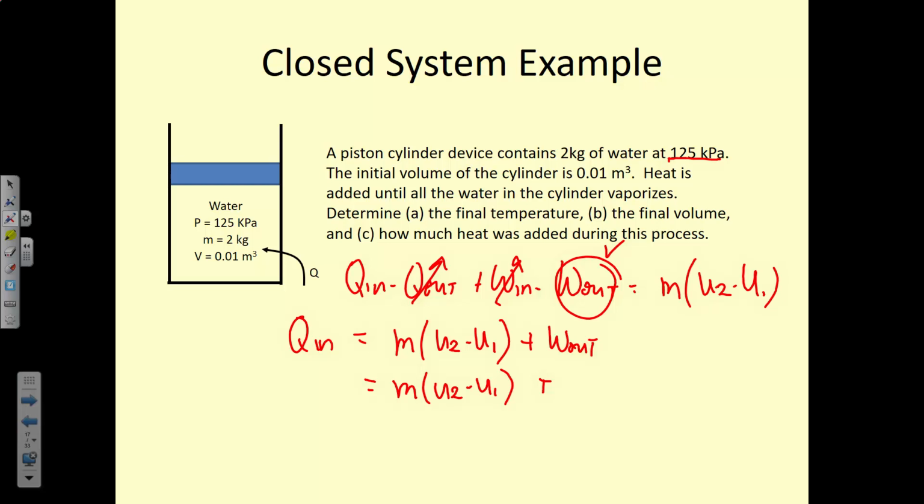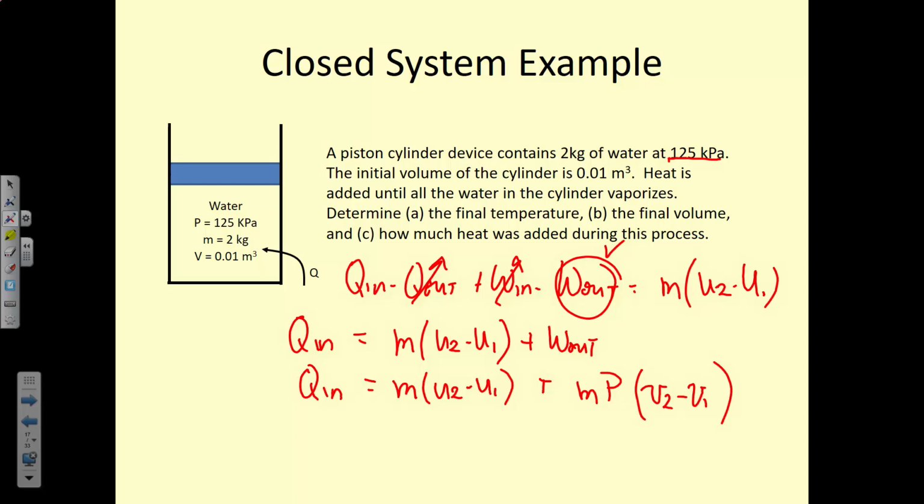Yes, and we can simplify that even further because P1 and P2 are the same, right? Okay, so it's the mass times the pressure times lowercase v2 minus v1, so the specific volume. So Q in is equal to m times u2 minus u1 plus m times P times v2 minus v1.